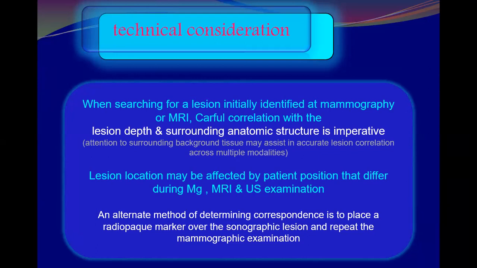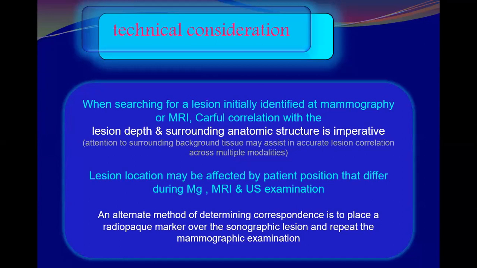Meaning, if I have seen a lesion at 10 o'clock on mammography and I see it at 12 o'clock, or at 8 o'clock on ultrasound, I will not be surprised. It's expected. Lesion mobility between different techniques is expected. Why?